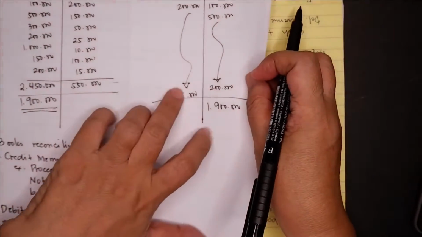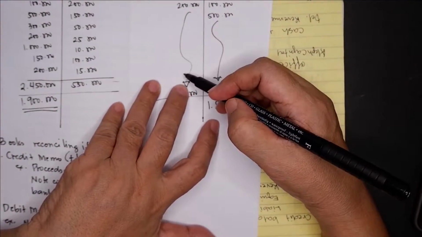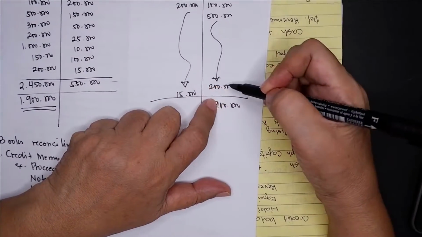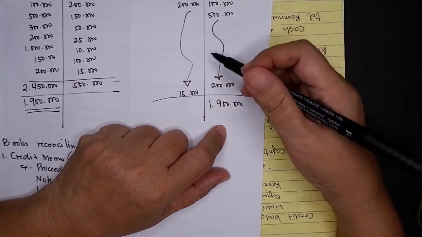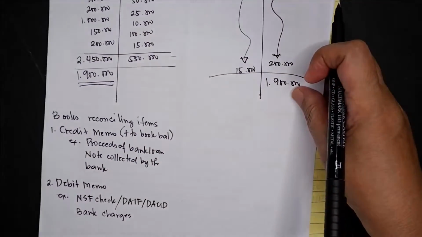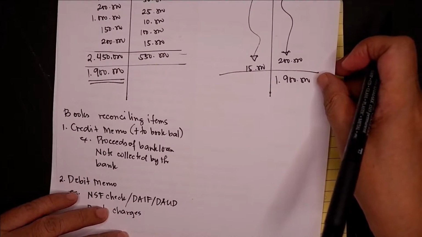The bank accepts it and prepares an entry, debit cash of 200,000 and credit ABC Company 200,000. But the bank later bounced the check because our customer doesn't have enough fund for that.